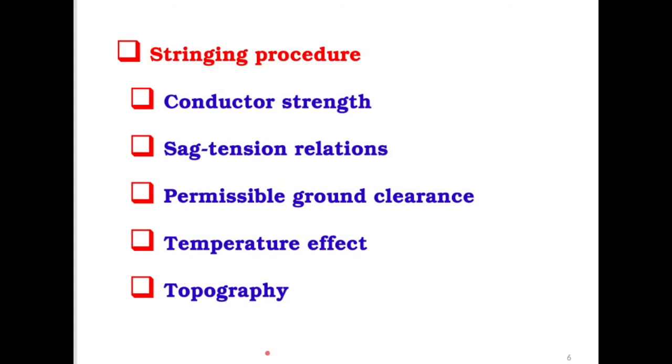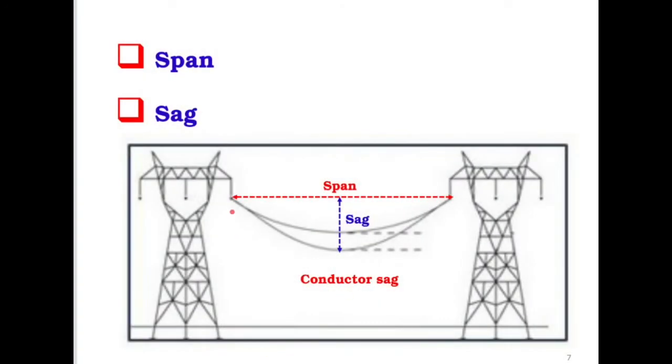And then we come to the temperature effect. When you string a conductor between these two supports, the ambient temperature is going to cause some more sag or less sag. Because of temperature, the conductor might expand or contract. So the sag will change accordingly.